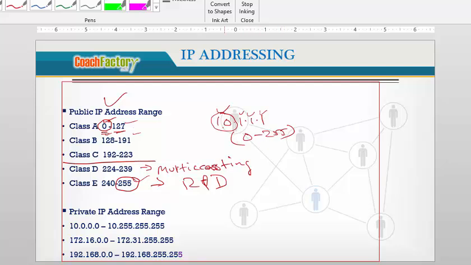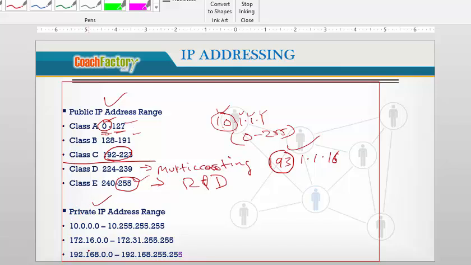In the same way, if I write 193.1.1.16, which class IP address is this? I just need to check this first octet number. It belongs to the class C range, 192 to 223. So it's a class C address. This is how you can identify or differentiate which class an IP address belongs to.